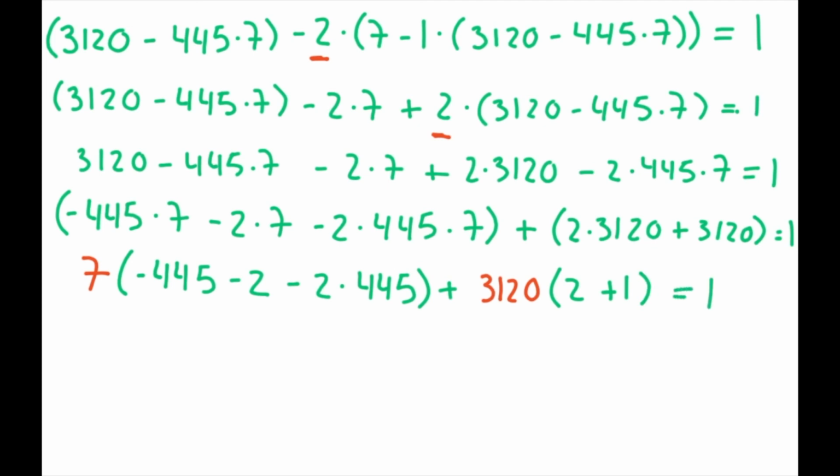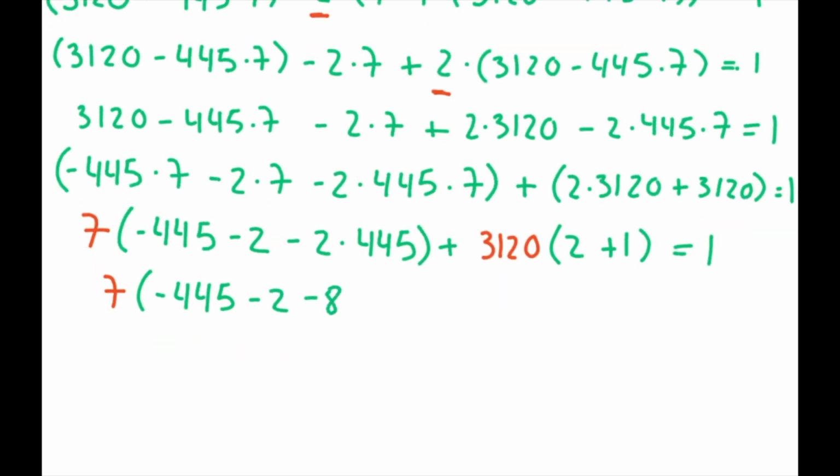I'm going to simplify the stuff in green to get negative 445 minus 2 minus 890, and negative 445 minus 2 minus 890 is just negative 1,337. Then I have plus 3,120 times 3 is equal to 1. And so I've succeeded in getting 7 times something plus 3,120 times something is equal to 1.